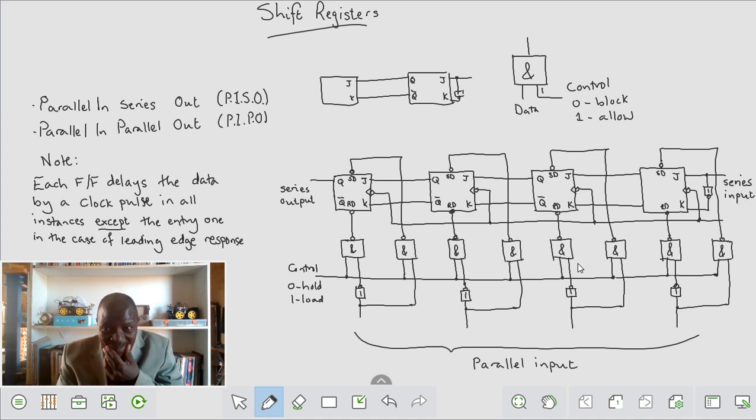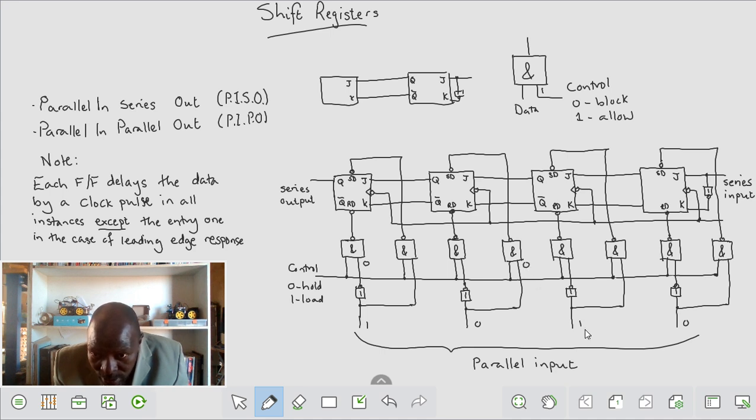Alright, so I've explained how you can load. In any space where I had zeros, if I had 1 0 1 0, you can see how that 0 will block, that 1 sorry will block that gate. That 0 will block this gate.